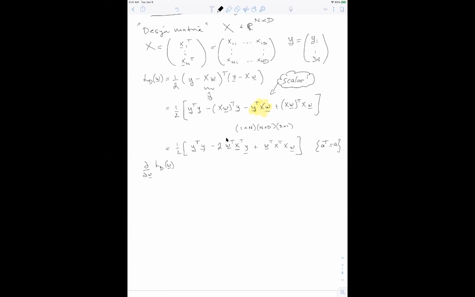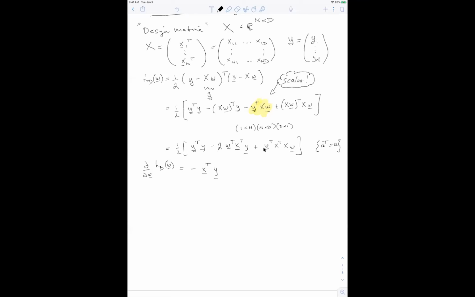When I take the derivative of this, because it's going to give me my gradient vector, this term doesn't depend on w, so it goes away. This term is just going to be this x transpose y times a half minus 2, which is just minus 1, using rule 1 from the previous slide.